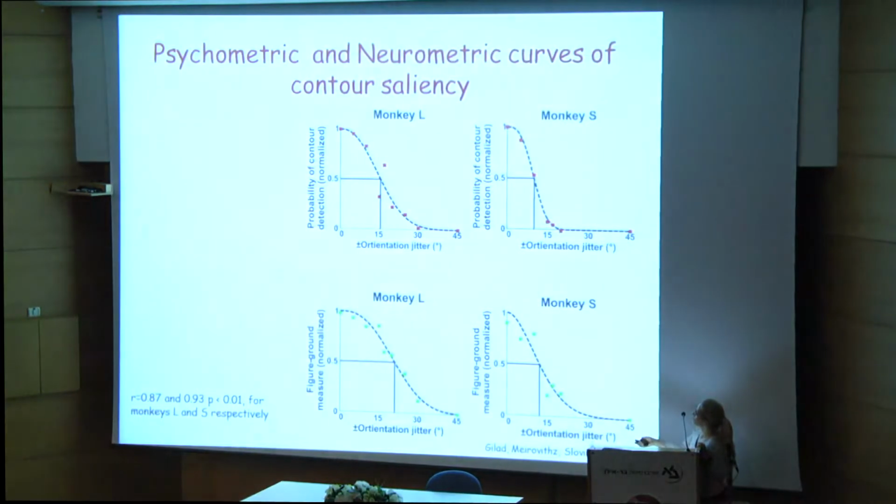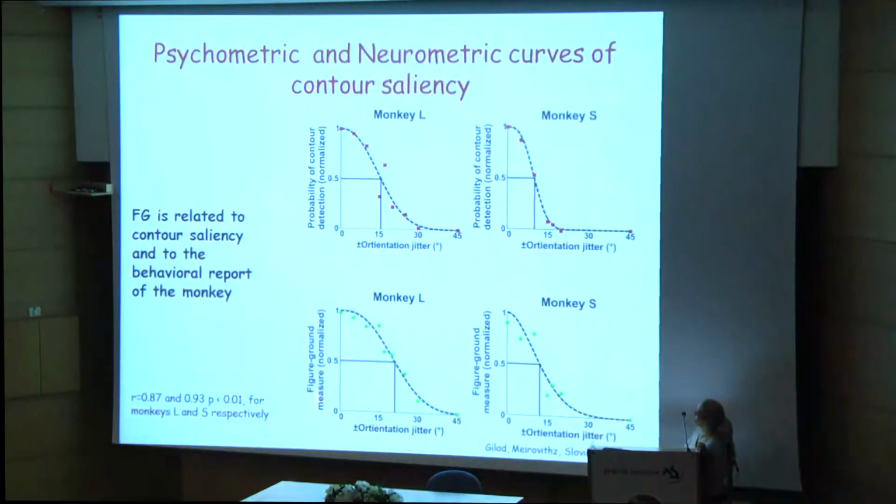The interesting thing is that the neurometric measure, which is the figure ground measure, also behaves similarly. So it's very high for the contour condition, and it decreases with the orientation jitter. And therefore, the figure ground measure is related to contour saliency and to the behavioral report of the animal.